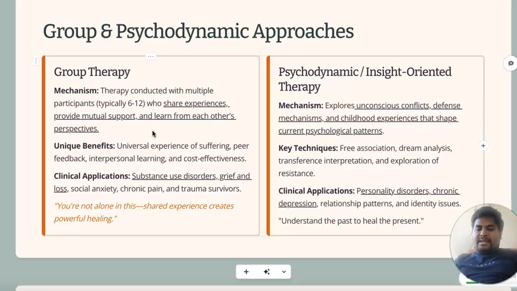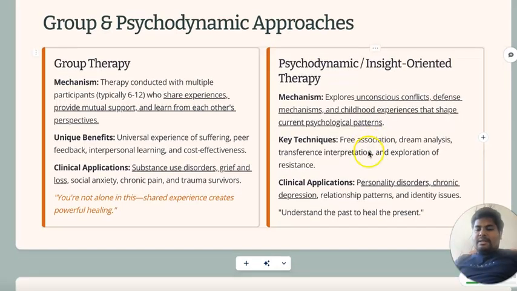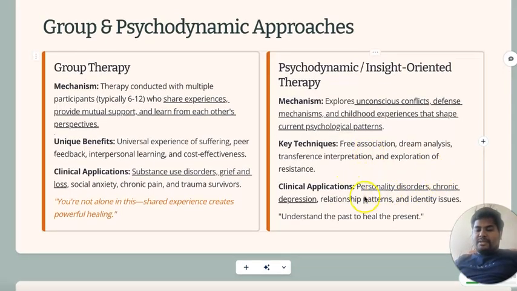For this, the key techniques used by the psychotherapist are free association, dream analysis, transference interpretation, okay, and it's especially used for personality disorders. Let's say you have seen in the movies something like that.